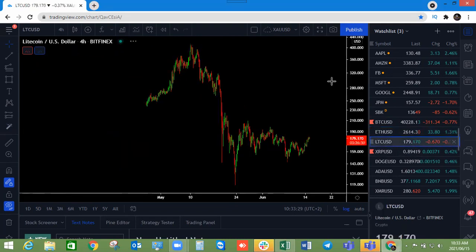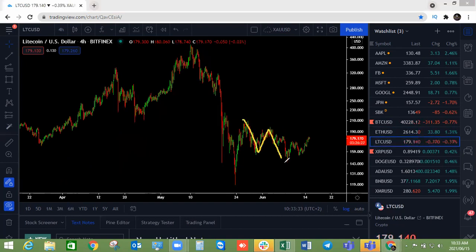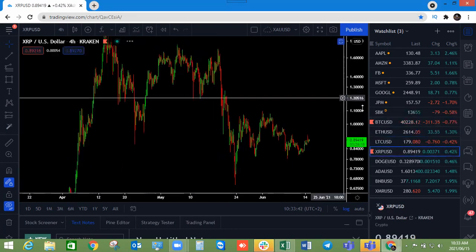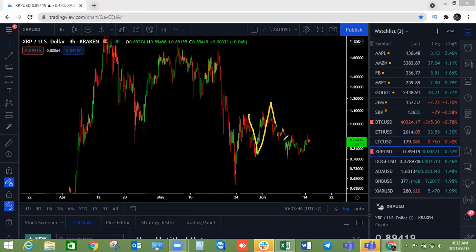Litecoin as well. So from 2 weeks back, we look for this one to push up higher. That is still the expectation. And Ripple, after making the 3-wave corrective structure, is it going to push up higher like this?